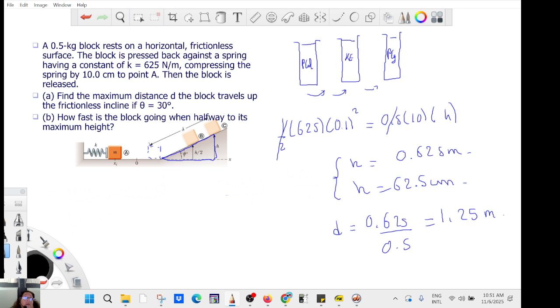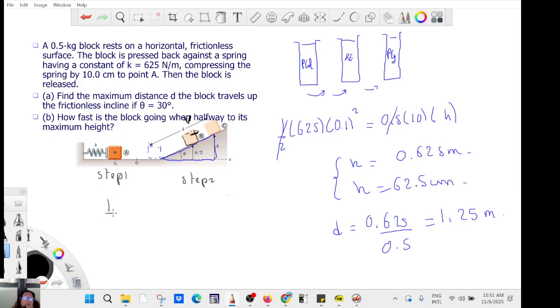Number B. So number B, now we want to consider step 1. So everything is compressed. Step 2, it's going to be halfway. Not halfway, but half the height. So it has a speed now. So now you have some potential energy and some kinetic energy.